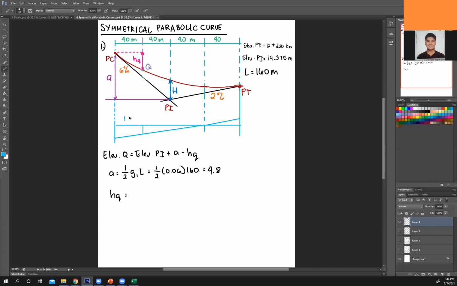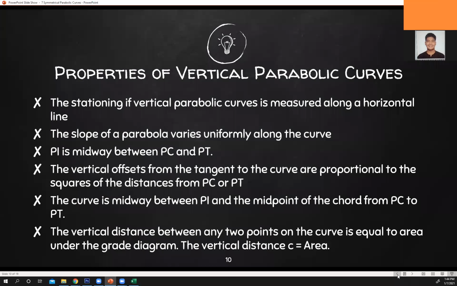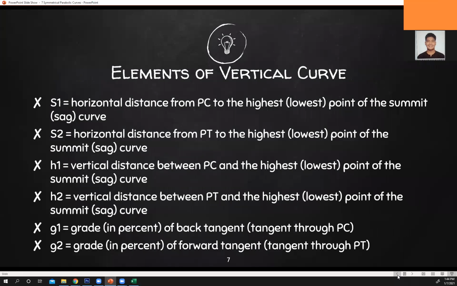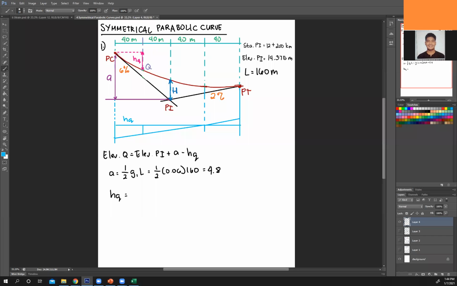This is HQ. Looking back here, remember the area of this is equal to the difference between 2 points on your parabola. So I'm going to get the vertical difference if I get the area. So here, I'm going to get the vertical difference of point PC and point Q. Okay, that is your HQ.